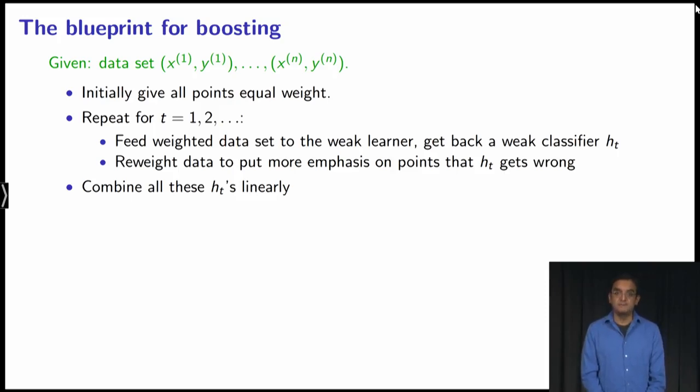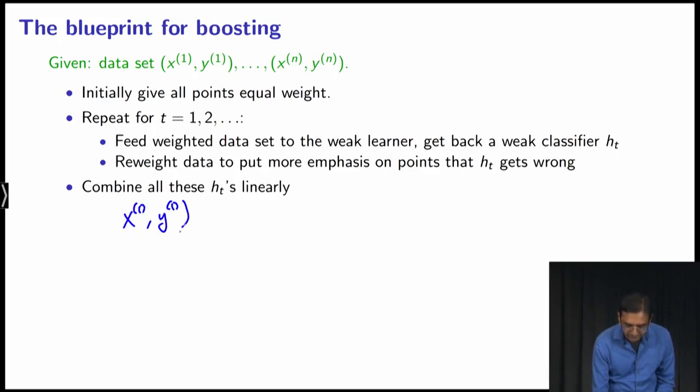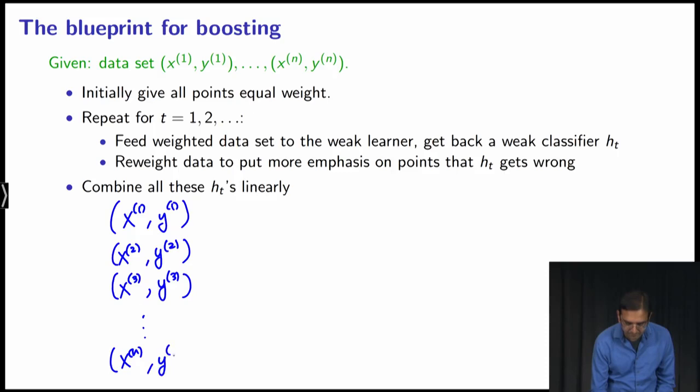So here's how we'll do it. First off, we'll assume that this weak learner allows us to attach weights to data points. Let me explain what this means. We have our n data points, x1, y1, x2, y2, all the way to xn, yn. We'll assume that this black box weak learner allows us to specify weights for these points.